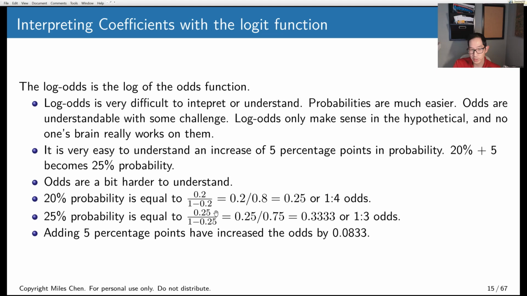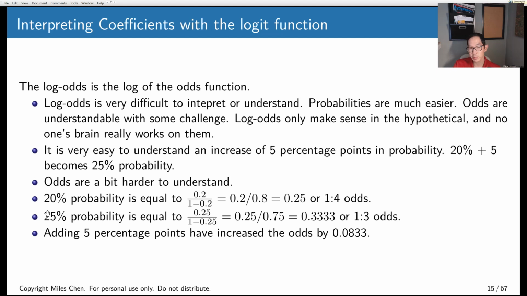You do 20% divided by the probability of failure, which is 80%. So 0.2 divided by 0.8 is 0.25, or you reduce the fraction and get 1 to 4 odds. A lot of times in gambling, if you go to Vegas, they don't tell you the probability of winning the game. They'll give you the odds of winning.